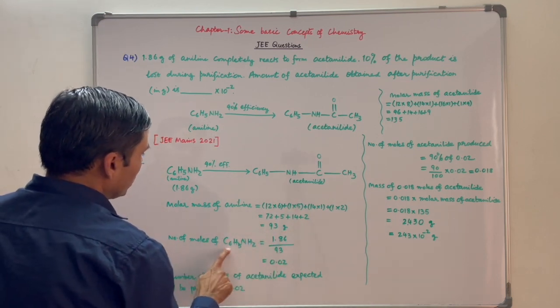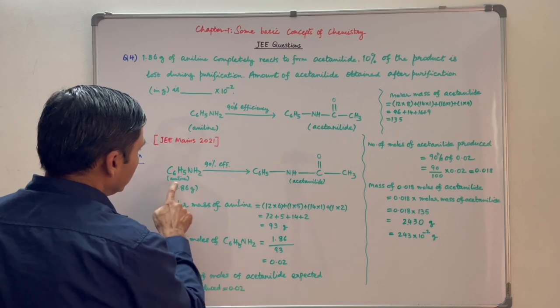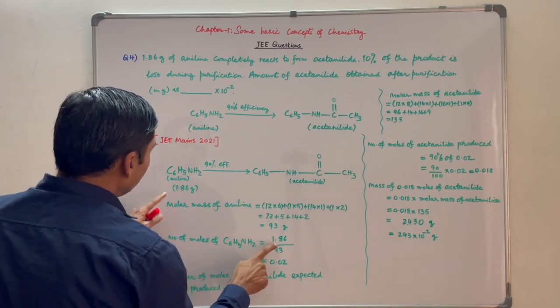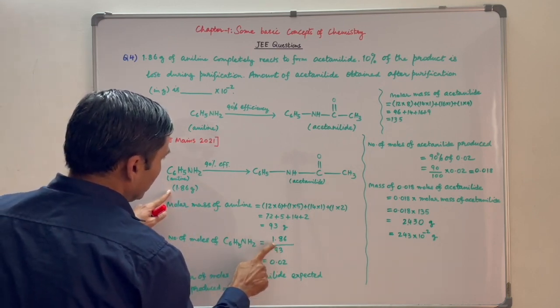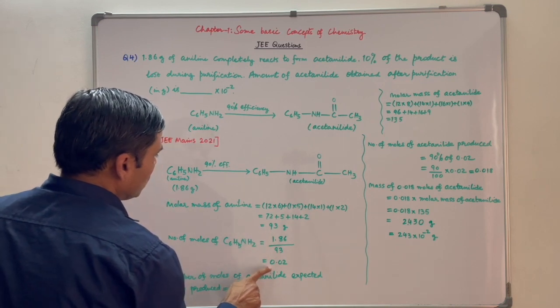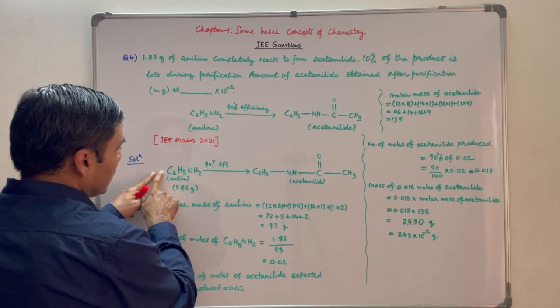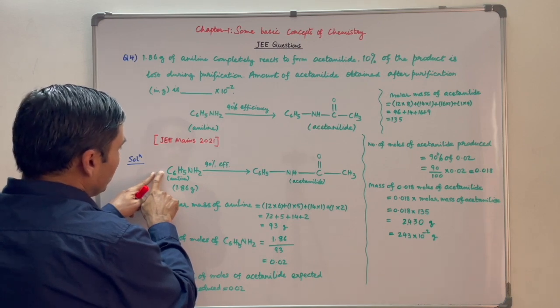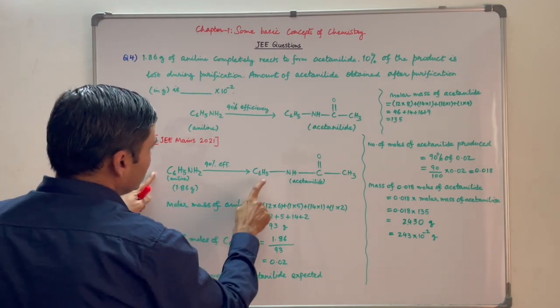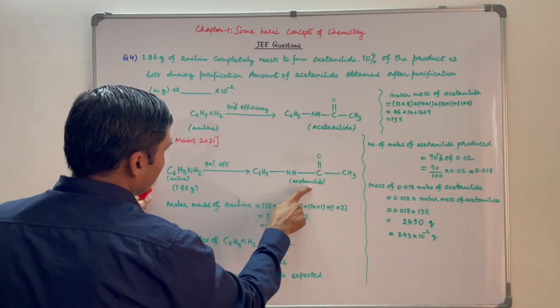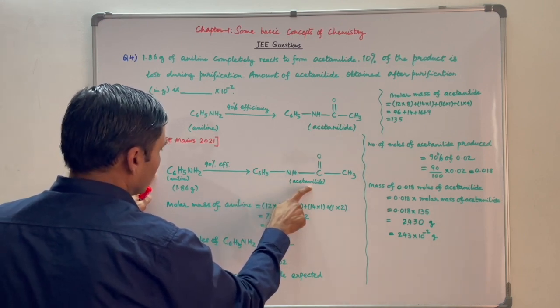So number of moles of C6H5NH2, that is aniline, will be 1.86 gram upon molar mass 93. That comes out to be 0.02. That means initially there were 0.02 moles of aniline. So they will produce 0.02 moles of acetanilide if there is no loss of product.